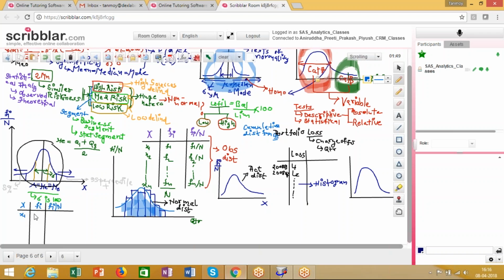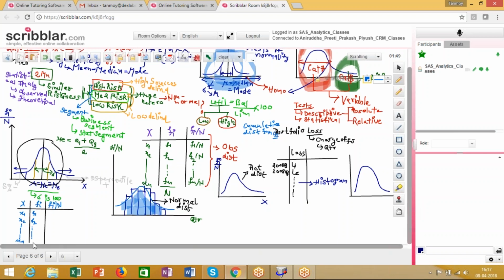So x1 occurs with a frequency of f1. Then we have x2 with a frequency f2, and so on up to fn.